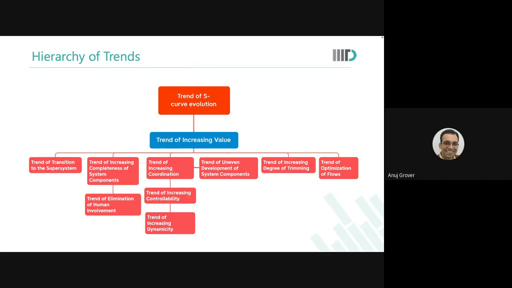Once you know that we evolve in S curves, when do you think you, as an inventor or a designer, should reinvent your design or launch a new product or a new version of the product in the market? Here? Should you launch the new S curve here? Or where would you want to launch your new S curve?